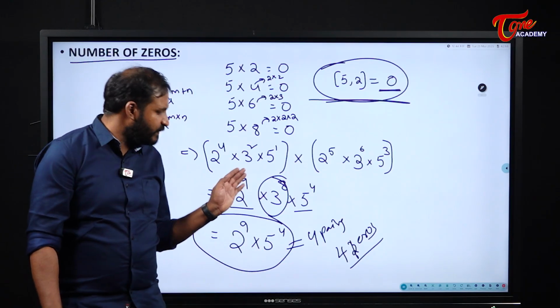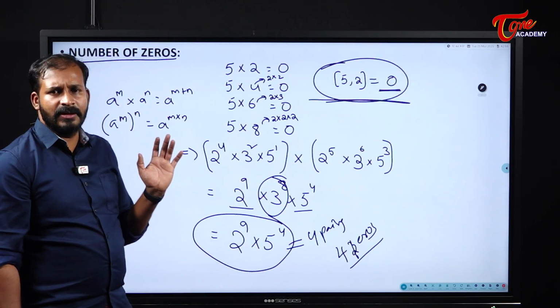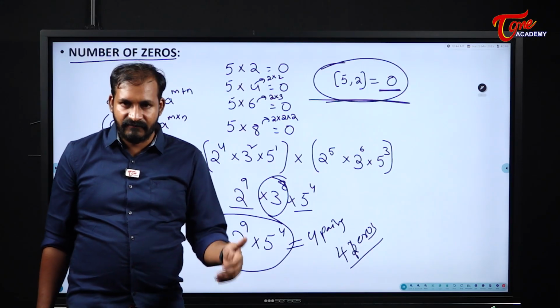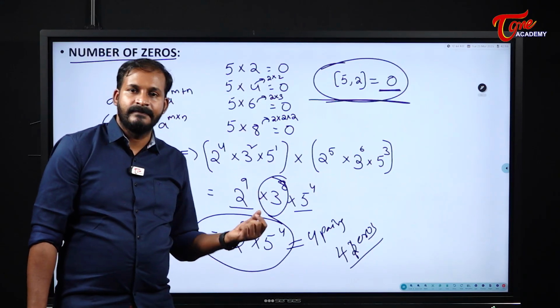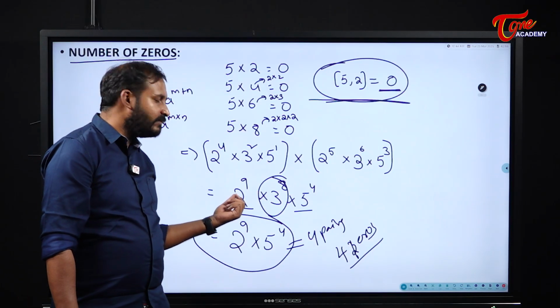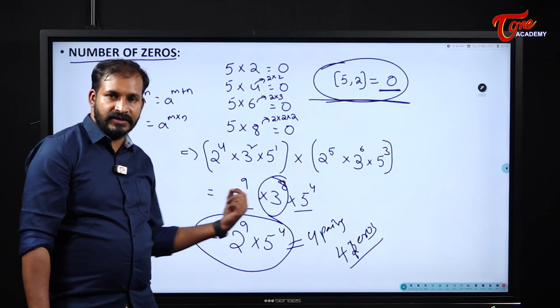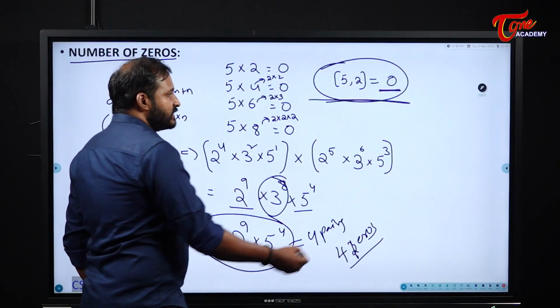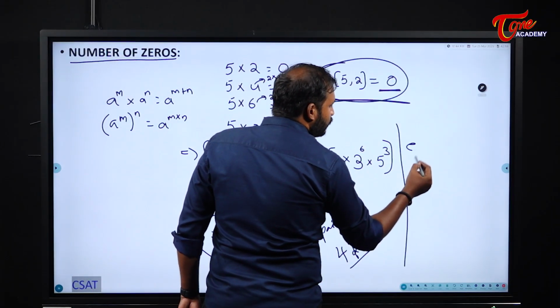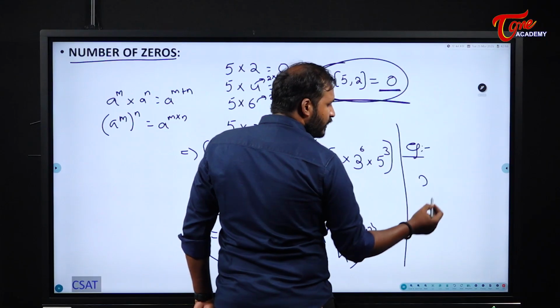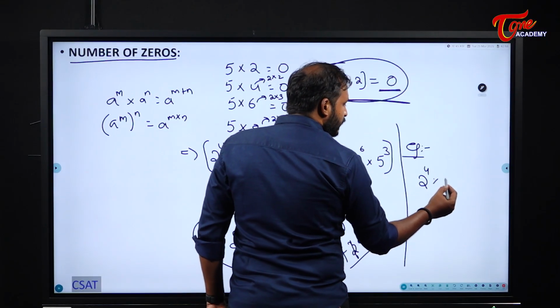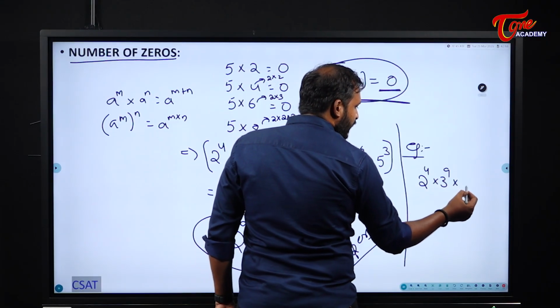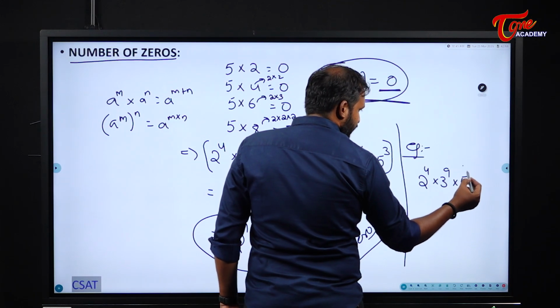Simply, whatever the number may be, we will do the prime factorization, write them in this manner, and then observe how many 2s and 5s are there. Whichever power is less matters. Example: after multiplying two numbers, you got 2 to the power of 4 into 3 to the power of 9 into 5 to the power of 7.